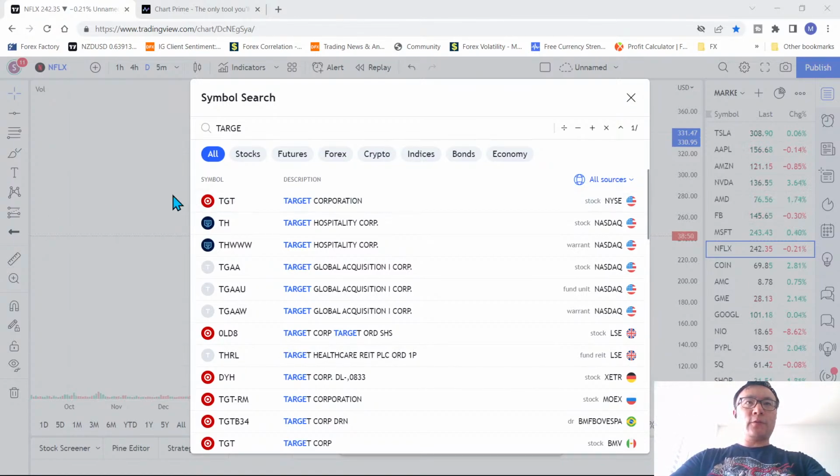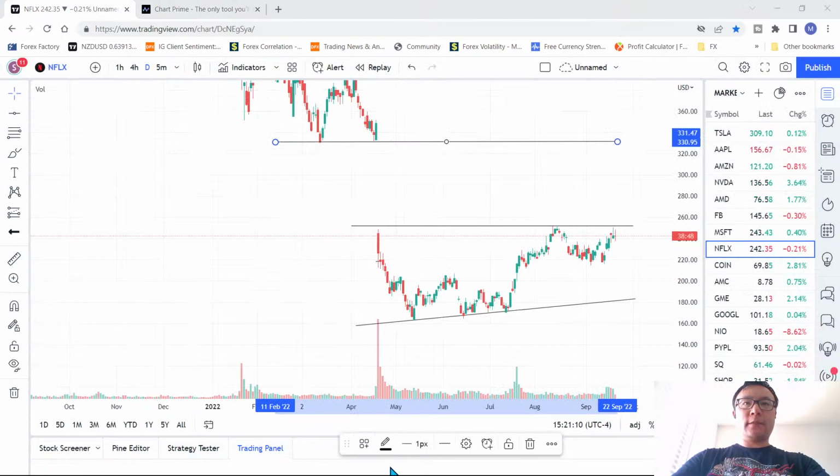So if I were to do my risk reward, I am risking, let's see here, 250.50 minus 237. I'm risking $13.50 per share.